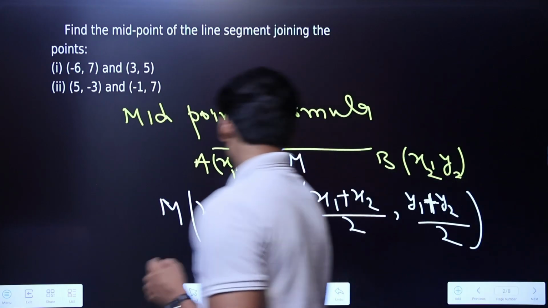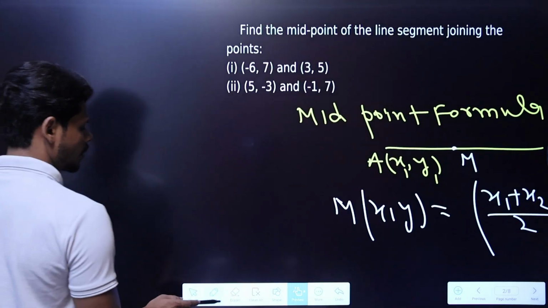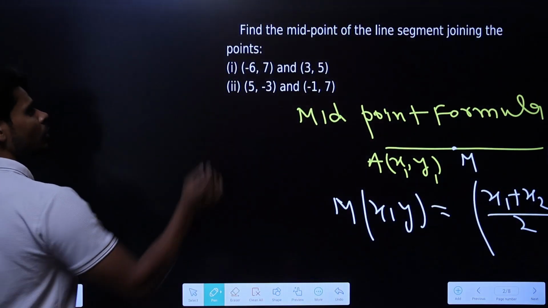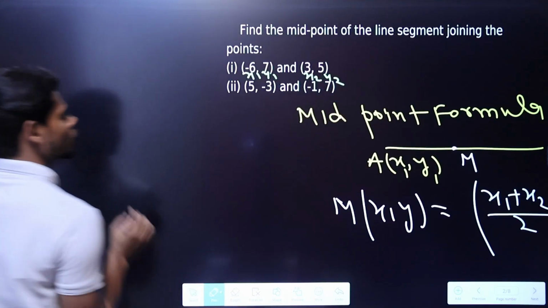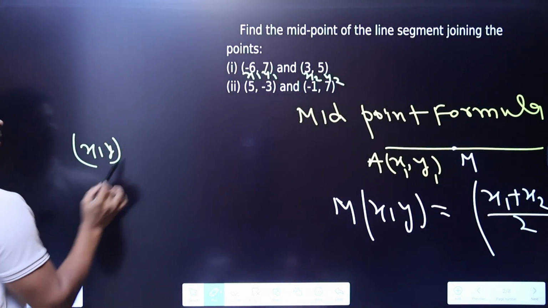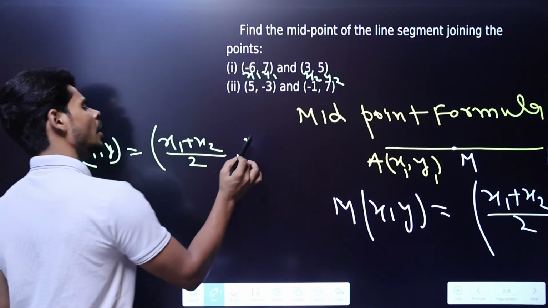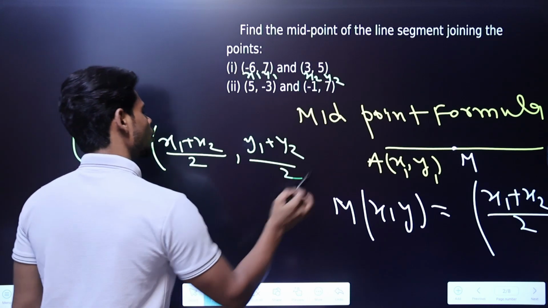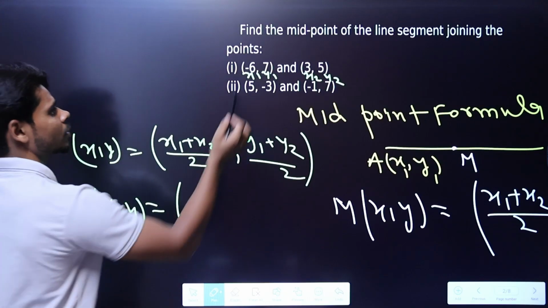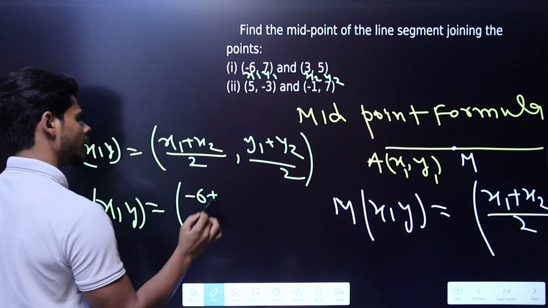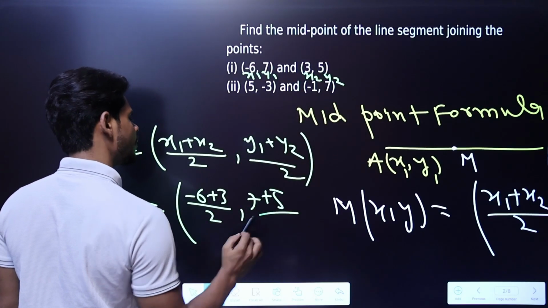Now similarly here you are given 2 points and you need to find the midpoint. So this is your x1, this is your y1, this is your x2, this is your y2. So the midpoint is x comma y, equal to x1 plus x2 by 2 and y1 plus y2 by 2. That is minus 6 plus 3 by 2, then 7 plus 5 divided by 2.